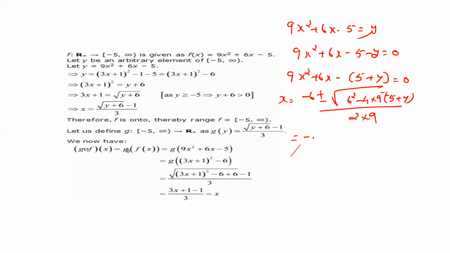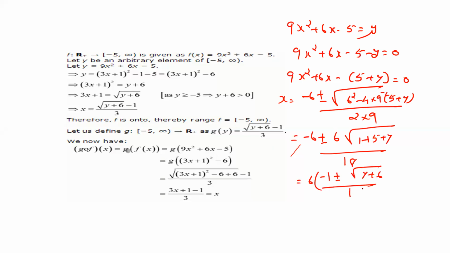So that we can write as minus 6 plus or minus, this is 36, also 36. So you take 6 outside. So 1 plus 5 plus y by 18. So 6 you take it outside. So minus 1 plus or minus root of y plus 6 by 18.